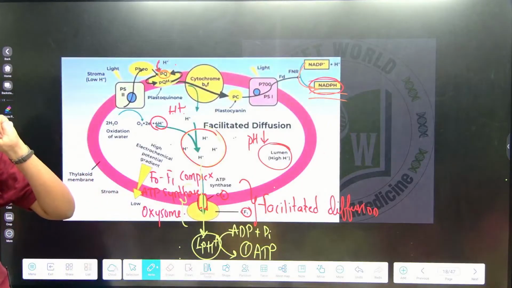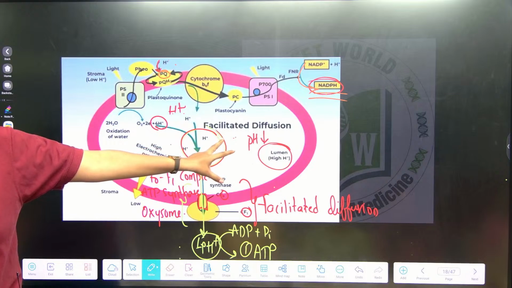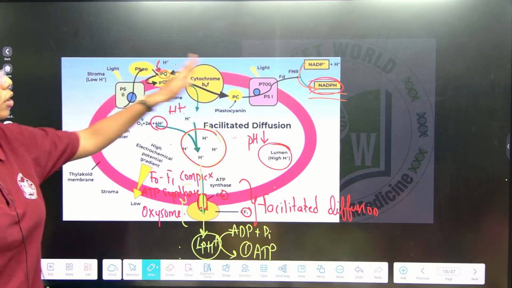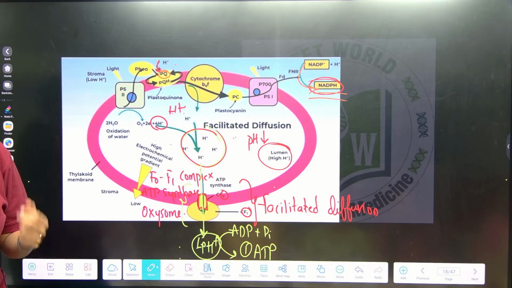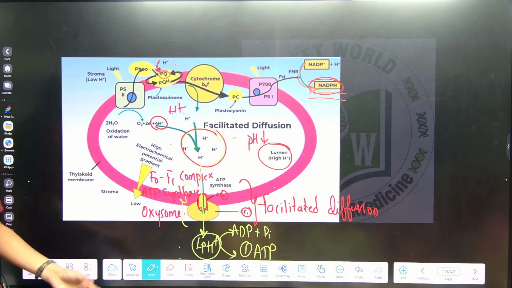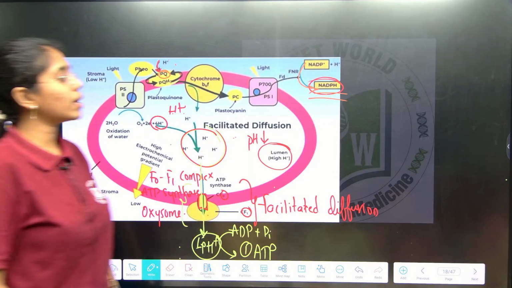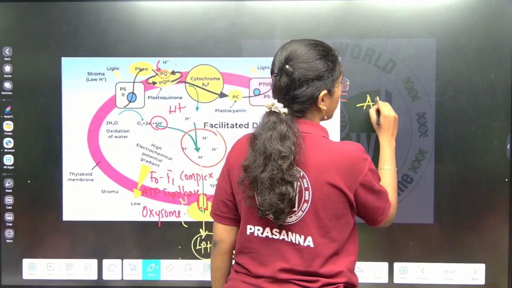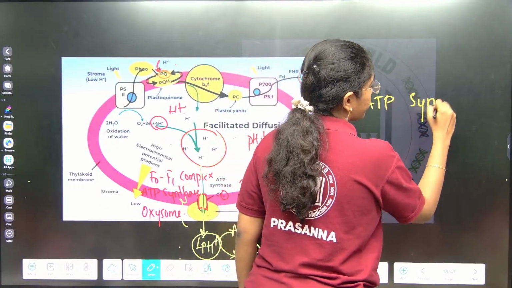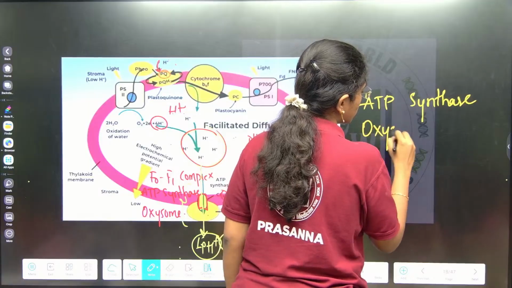So, because of these three reasons, high amount of protons accumulated in the thylakoid lumen and low amount of protons you can see in the stroma, because of which a proton gradient is generated. F0 F1 pump is activated, which is known as ATP synthase pump, or it is also known as oxysomes.